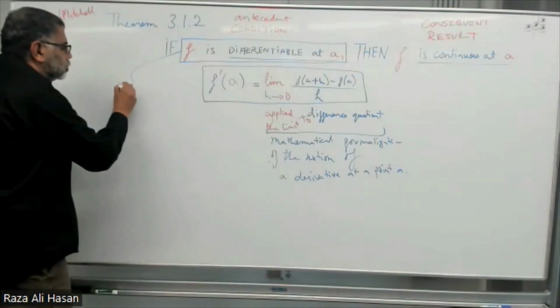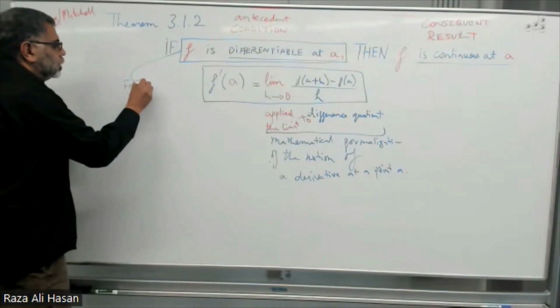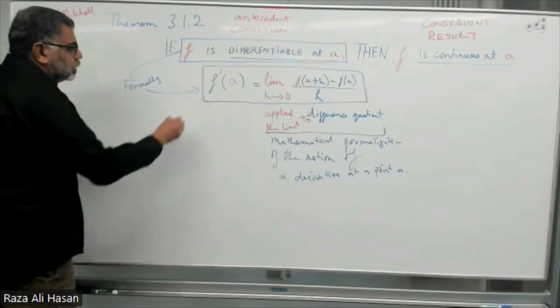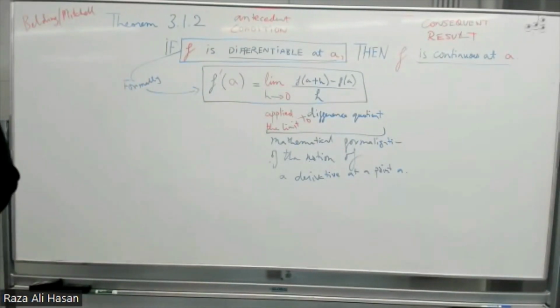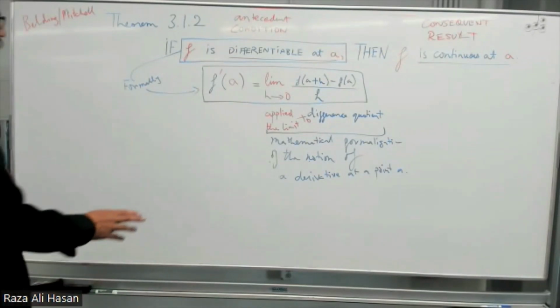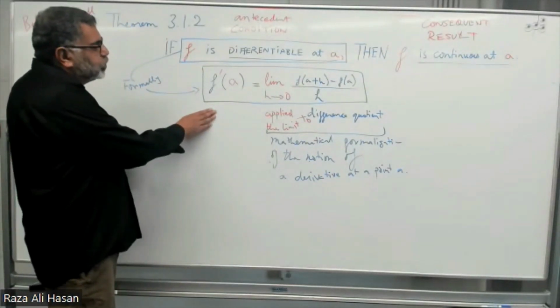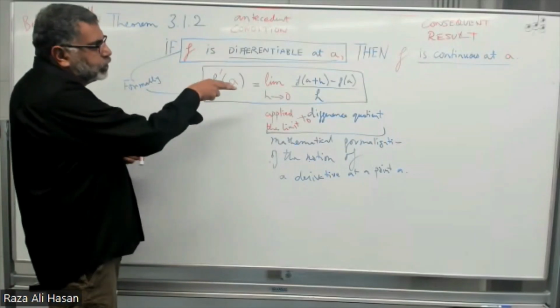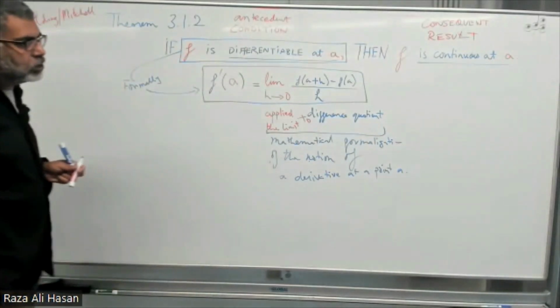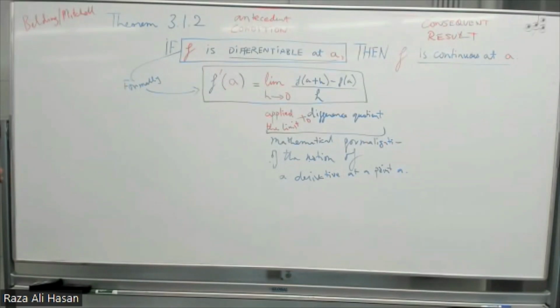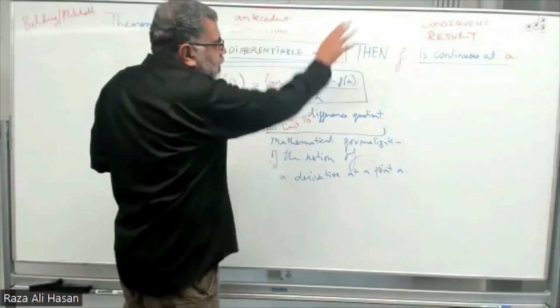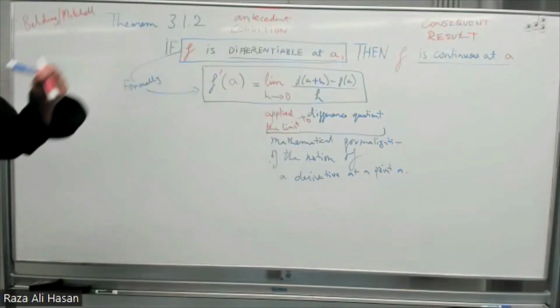So this formally means this. And so we can assume this to be true and then use this to show that the result, or consequent, is true. And then we have established the relationship between the antecedent and the consequent, or the conditions and the result.